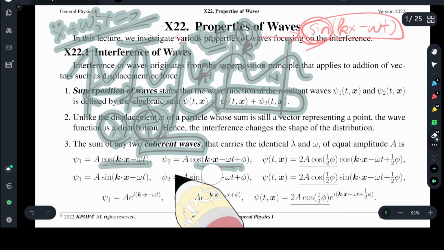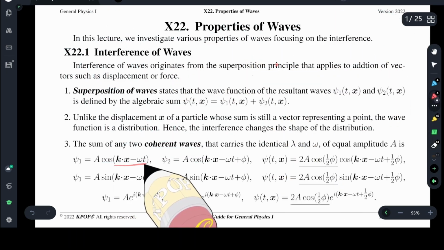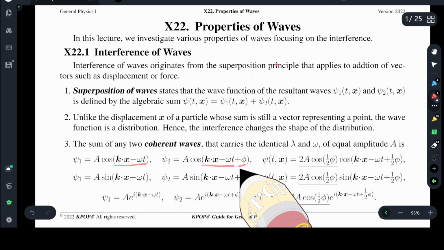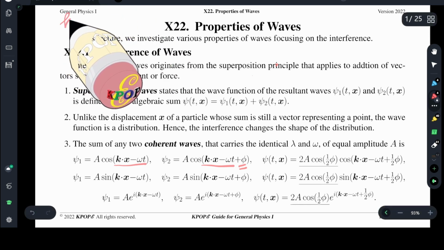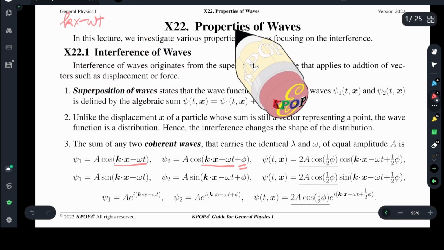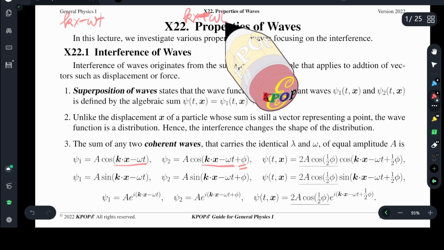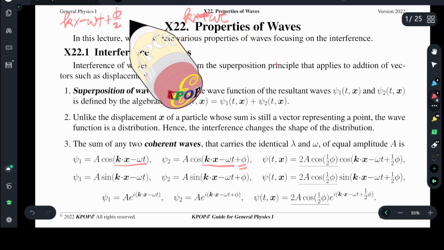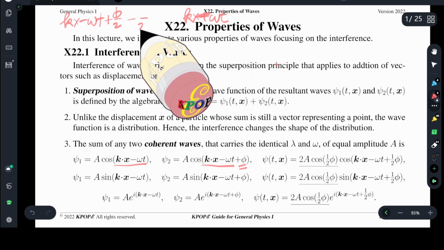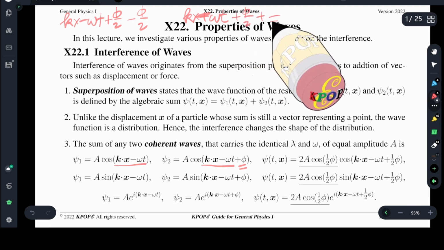sinusoidal functions. In case we have two identical cosines except for a phase difference, then we can define kx minus omega t and kx minus omega t plus phi as half of pi subtracted by half of pi plus half of phi.